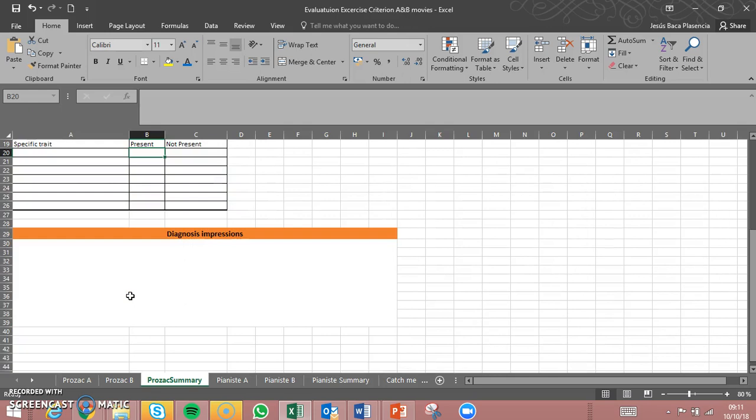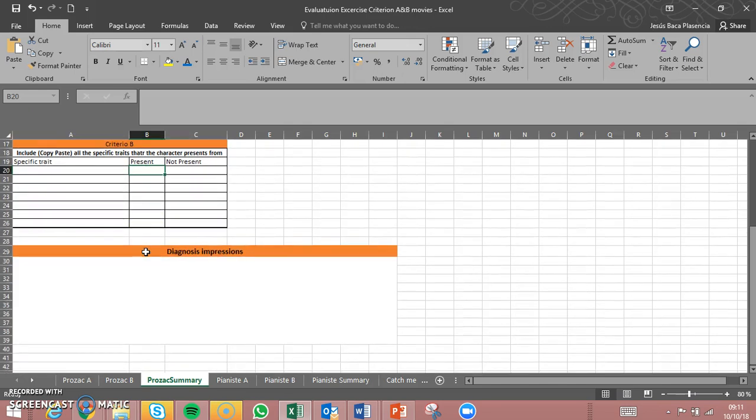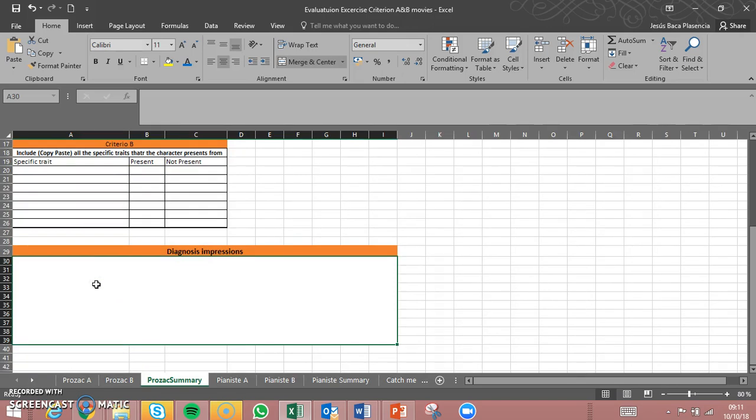And at the end, and most importantly, once you have this summary completed with the average points of the level of personality functioning and the pathological traits that are present, this is the most important part. You're going to review which are the requirements that the alternative model places in order to say that there is a personality disorder, and you will actually write your diagnostic impressions.